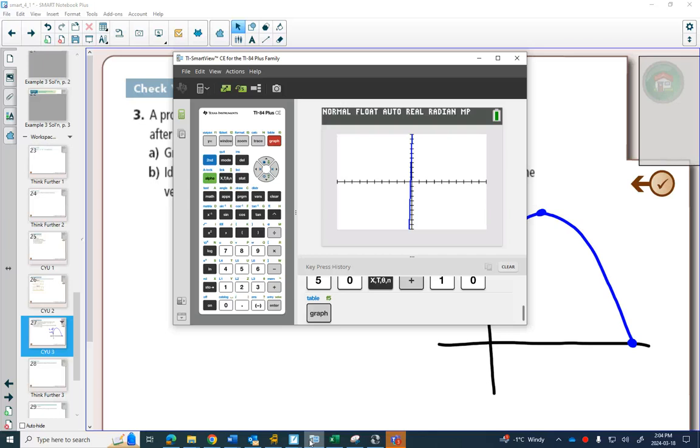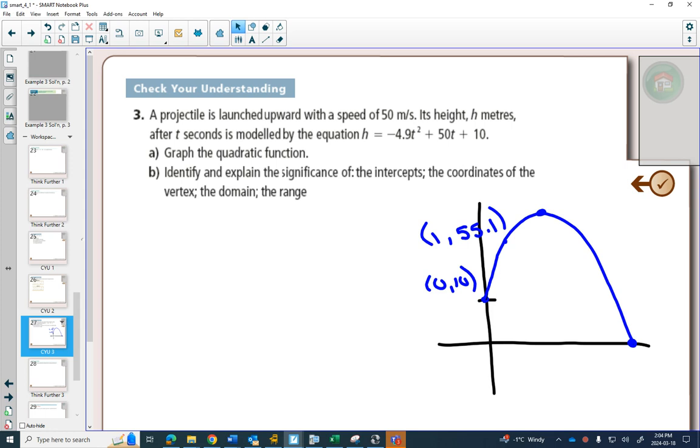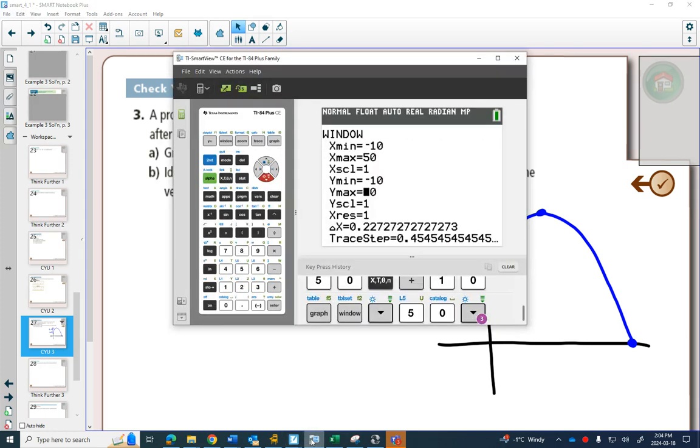So I'm going to go to the window button right beside y equals, and it looks like I need to see more of the x's. So maybe I'll go up to 50, and it looks like I need to go higher. So my y max, and I already figured out 55.1, so it's going to go higher than 55.1. Maybe I'll go up to 100. So now I'm going to push graph again.